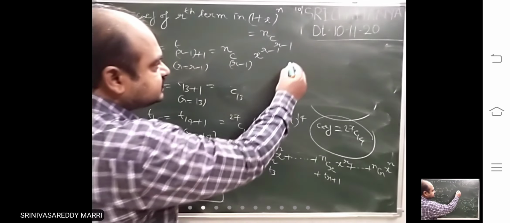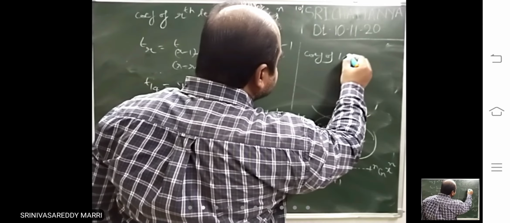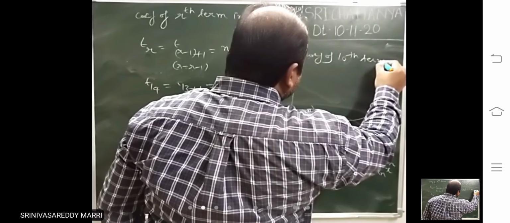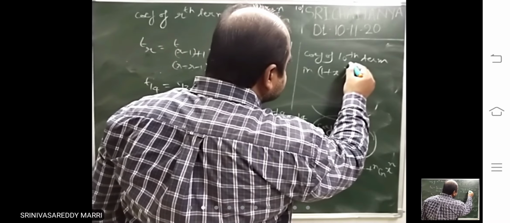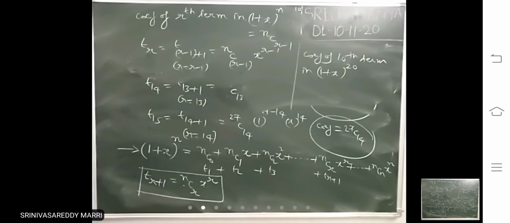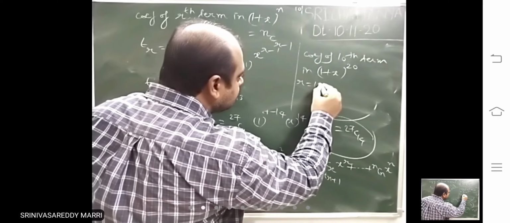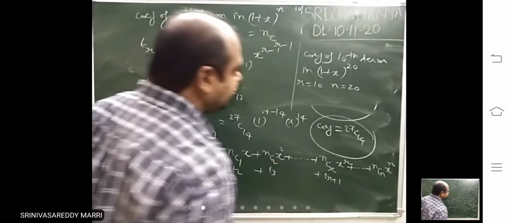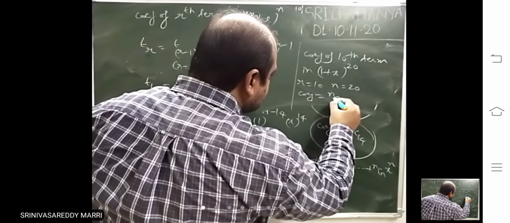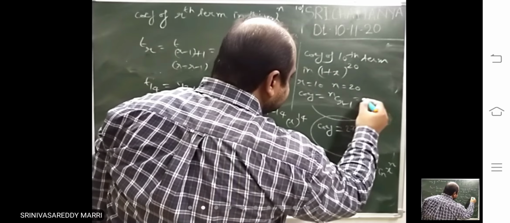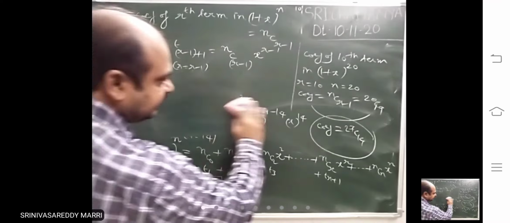Suppose we want to use this: the coefficient of the 10th term in (1 + x) whole power 20. Here r is 10 and n is 20. The coefficient is nC(r-1), so 20C9, directly.